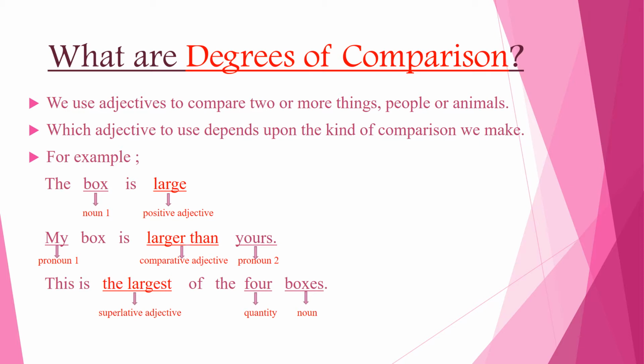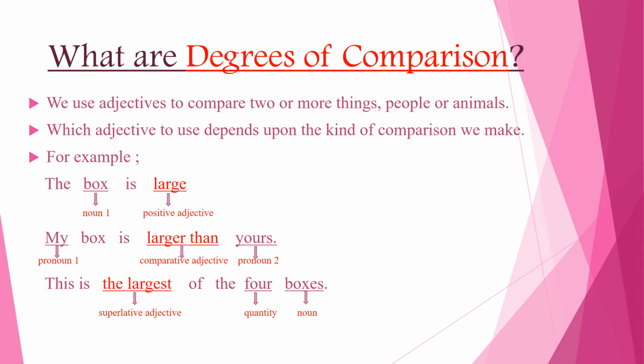In the next example, my box is larger than yours. In this sentence, we have two pronouns. The first pronoun is my and the second pronoun is yours, which means that I have to use a degree of comparison, an adjective which describes and compares my box with yours.